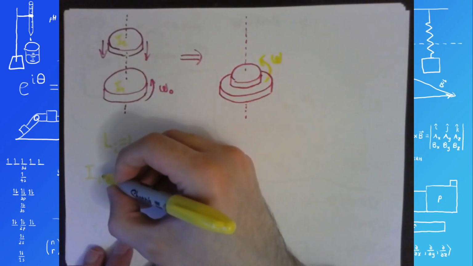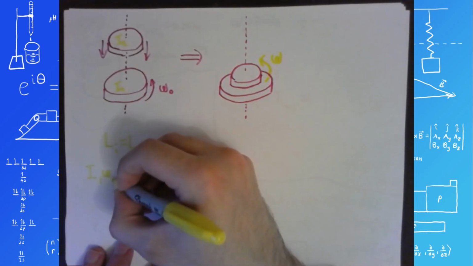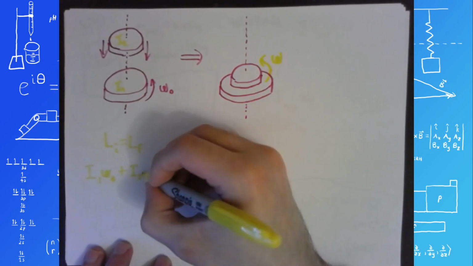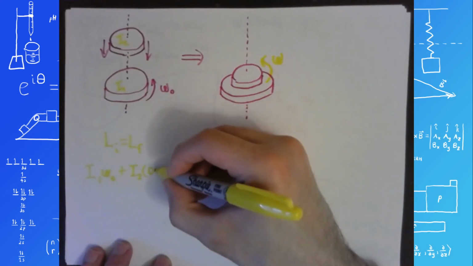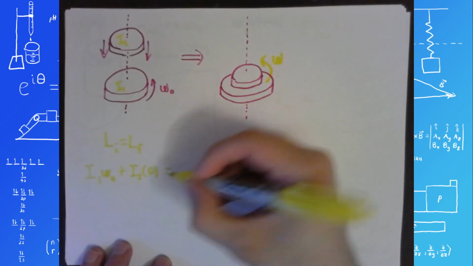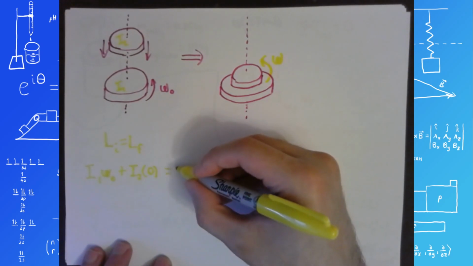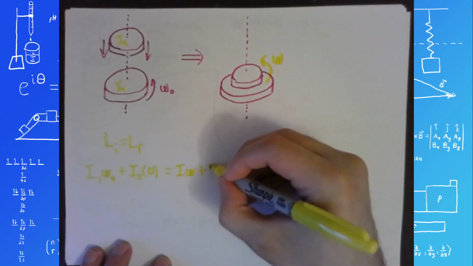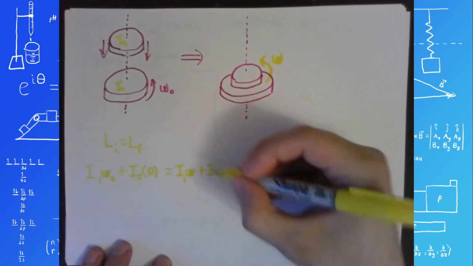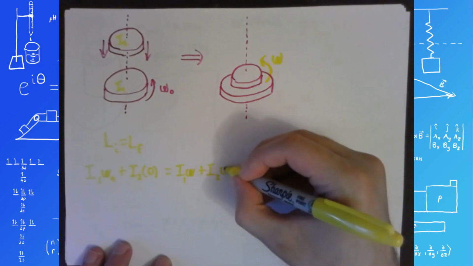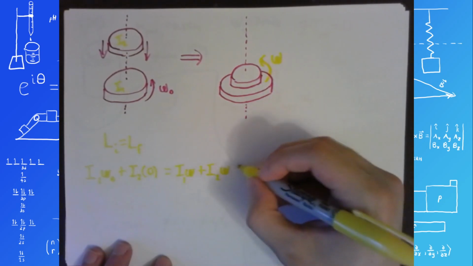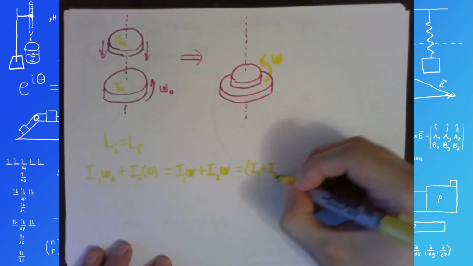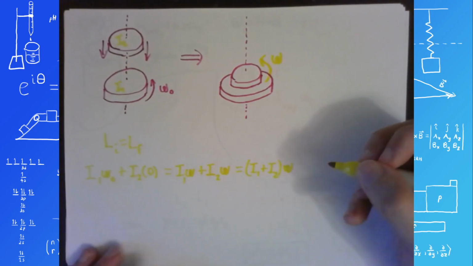I1 omega 0 plus I2 times, well, it had 0 angular speed in the beginning, equals I1 times omega plus I2 times omega, which is essentially just I1 plus I2 all times omega.